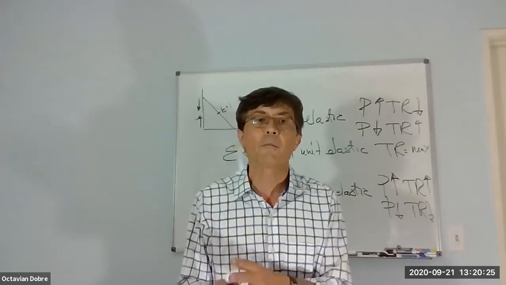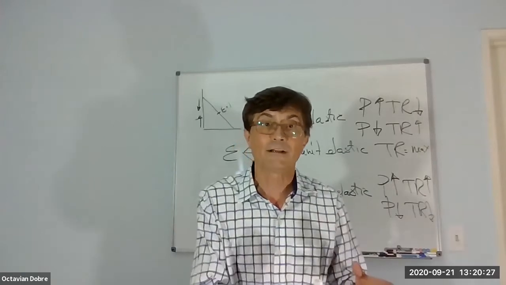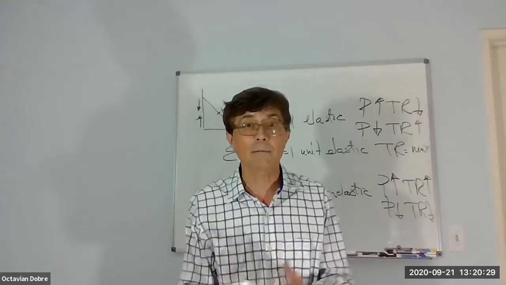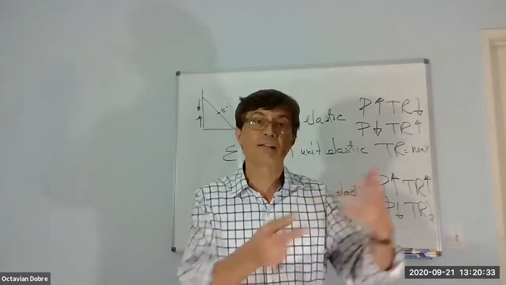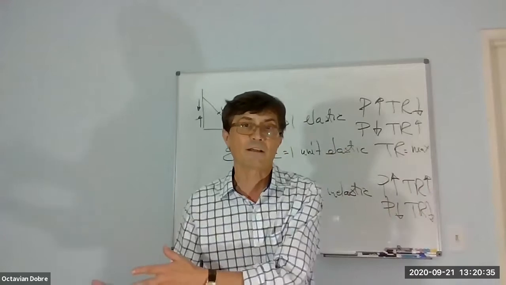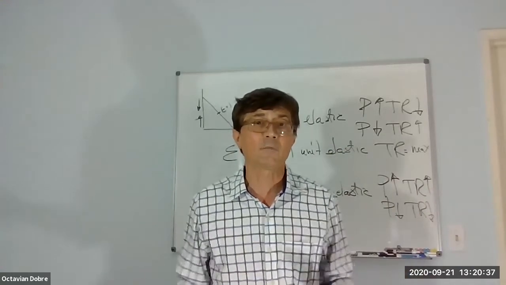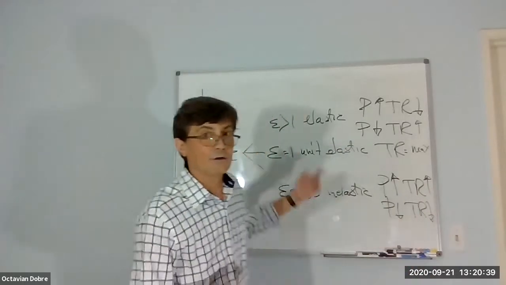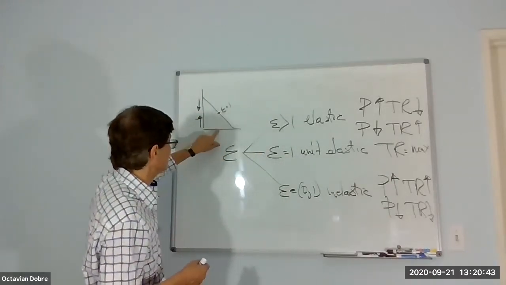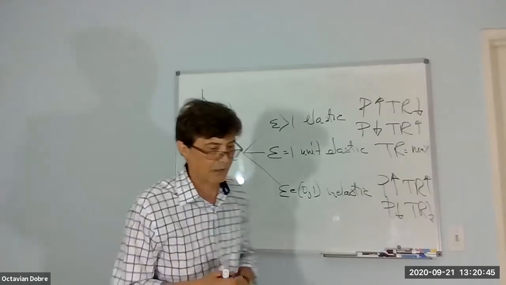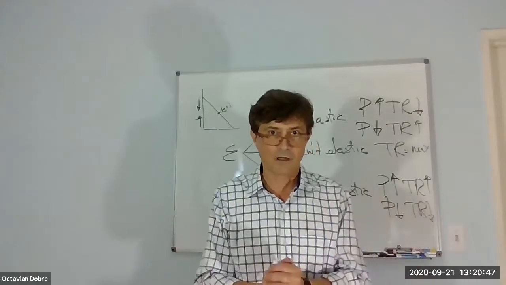The goal of the firm is to maximize profit. And since we haven't talked about costs, we cannot talk about profit, because profit is revenues minus costs. So you're never going to see a firm producing at this point on the demand curve with this quantity and this price, because we have to bring the cost in.